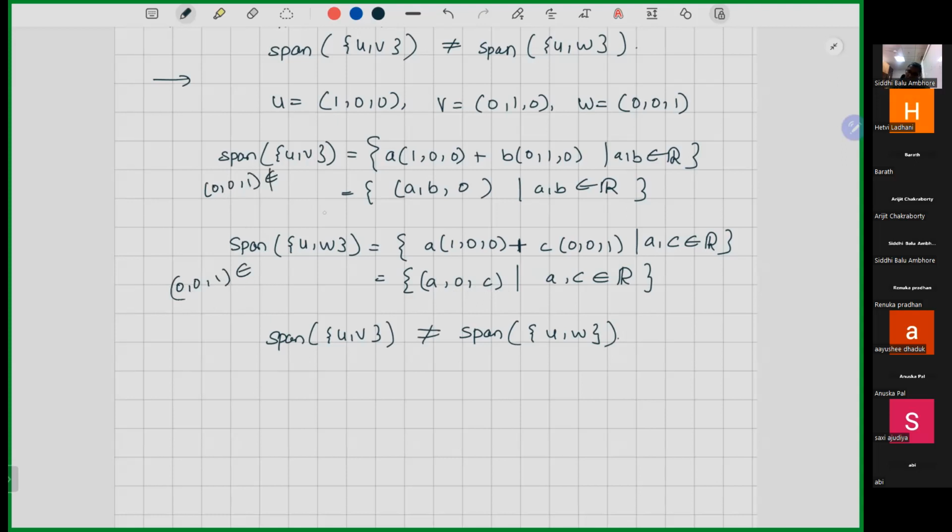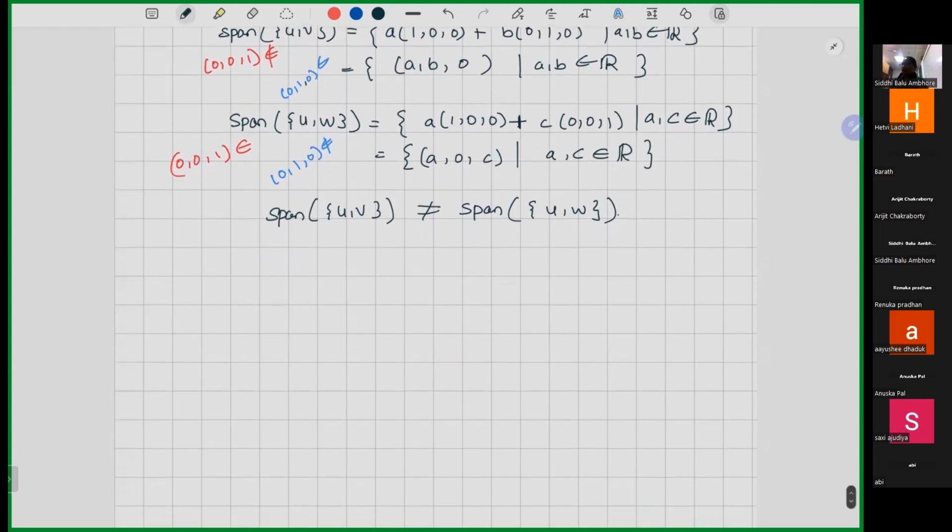Similarly, the element (0, 1, 0) belongs here, but (0, 1, 0) doesn't belong here. I'm just making it a bit visual for you. Okay, so these sets are not equal at all. Okay, so move to the next question.